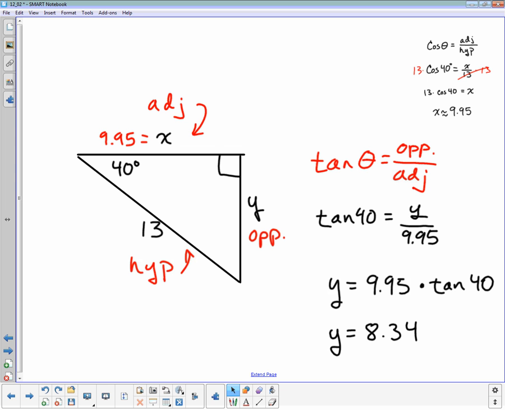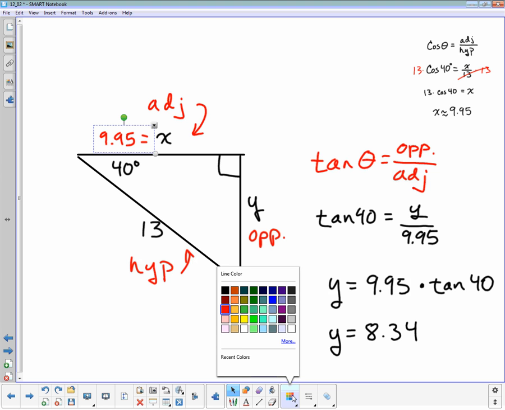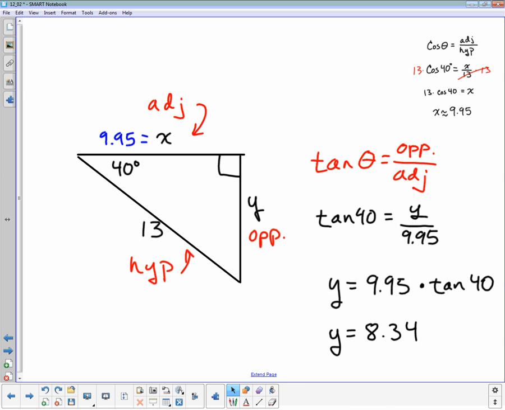And let's just for fun, for the heck of it, because we know all 3 sides now, right? Let's do the Pythagorean Theorem. Just for fun, just to see if it works.